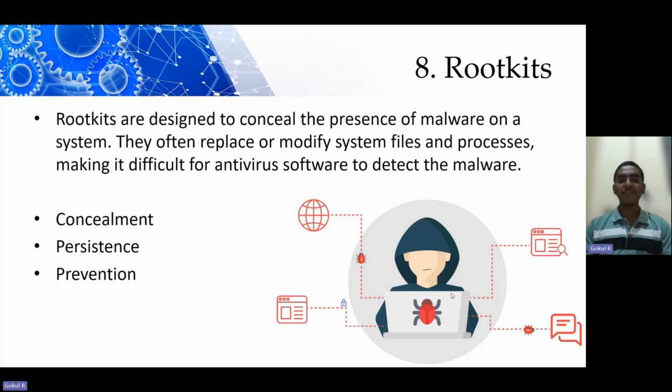The persistence is often difficult to detect and may persist even after traditional malware removal. How to prevent? We need to regularly update our software and use antivirus with rootkit detection capabilities. Rootkit detection capabilities are a must.